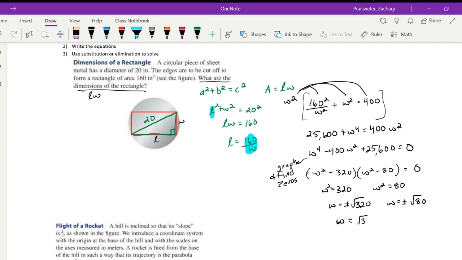If that were the width, then the length would be the square root of 80. And if square root of 80 were the width, then the length would be square root of 320. You can do this by dividing 160 by the square root of 320. If you want, you can plug it back in. But the length would be the square root of 80.